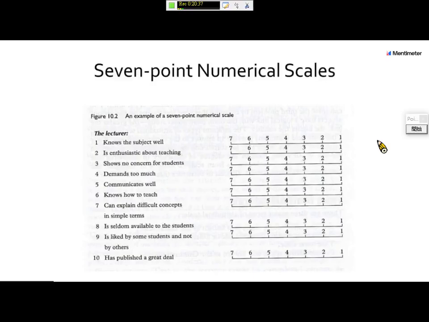Anyone can give us some input? What can be the differences between these 2 scales? Definitely more detailed if you use 7. This is one idea. Yes, more details with 7 scales. Okay. What others?